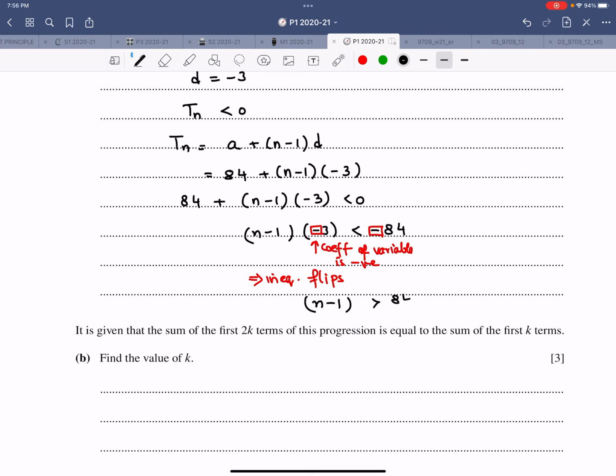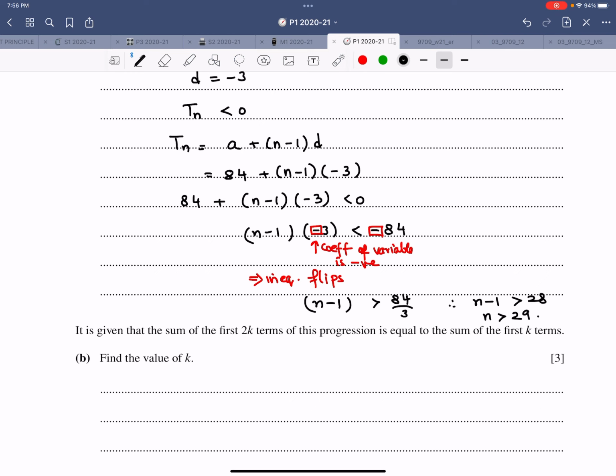So that is how much? 84 over 3. Let me divide. 84 divided by 3 is 28. So therefore n minus 1 is greater than 28. n is greater than 29.